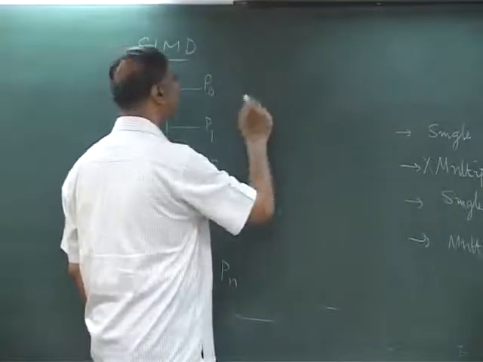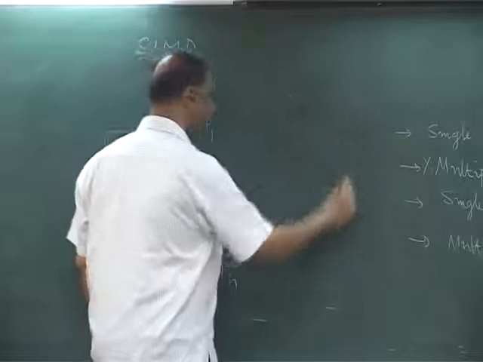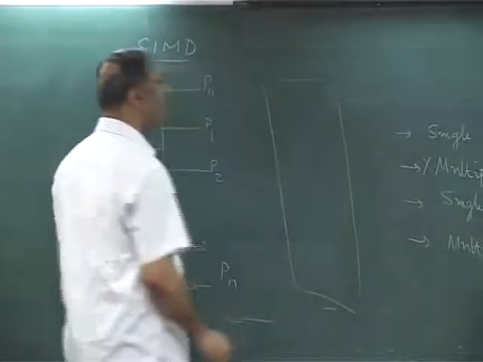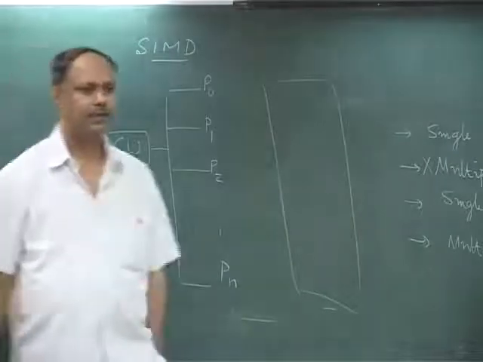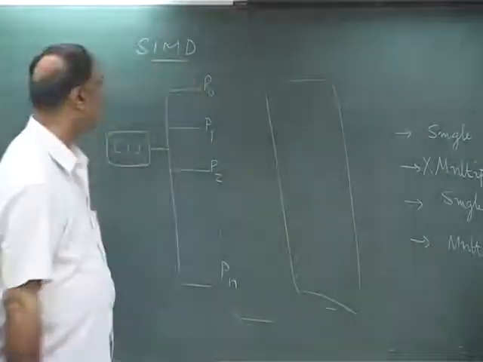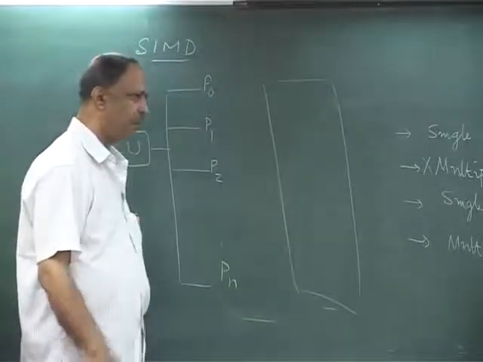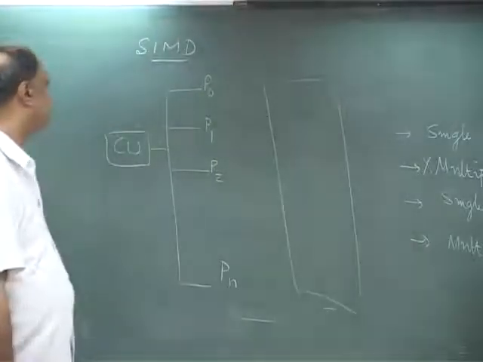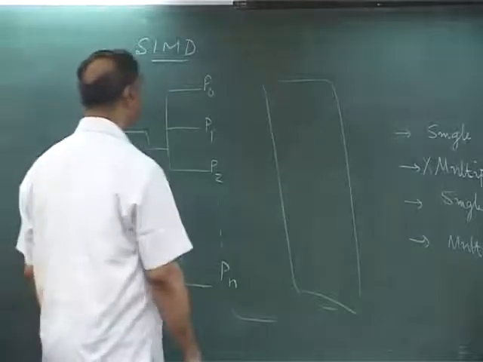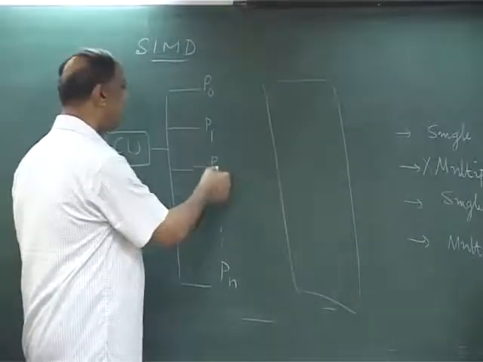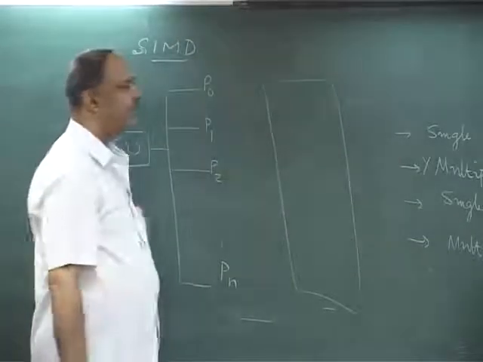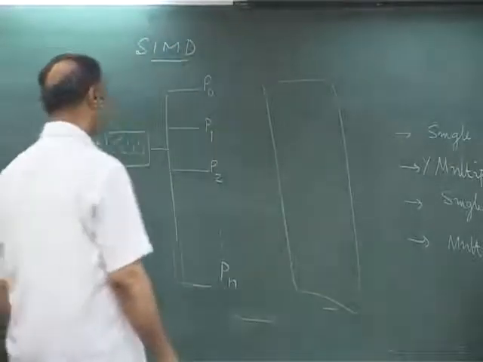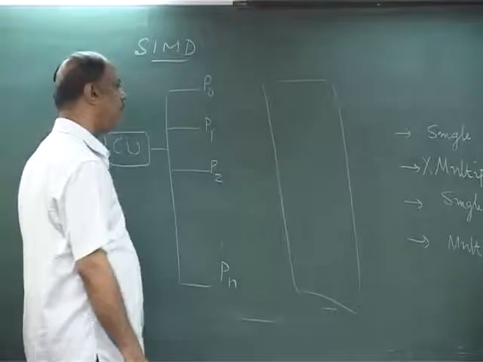The processors take the data either from the local memory or from the common memory, based on the model of the machines, or they can get the data from any other processors and perform the operations.